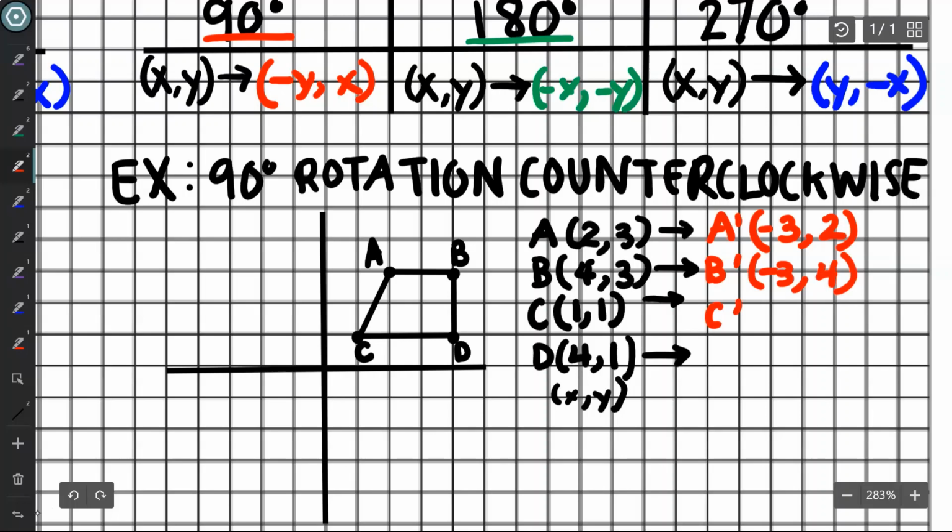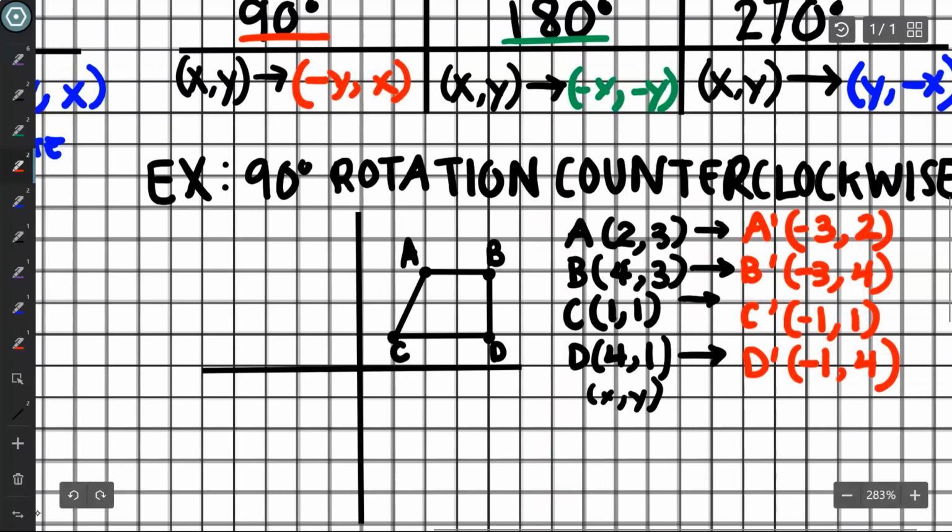C prime is easy. It's just going to be -1 and 1 because we have the same number. D prime, we're going to have -1 and then 4. And then we're going to graph all of those. So now -3 up 2, this is my new A prime. -3, 4 is my new B prime.